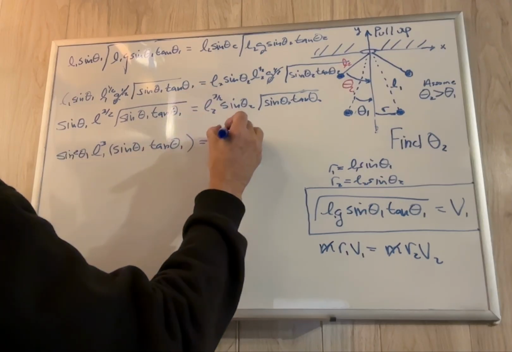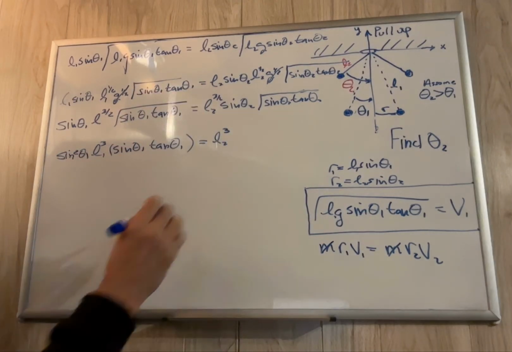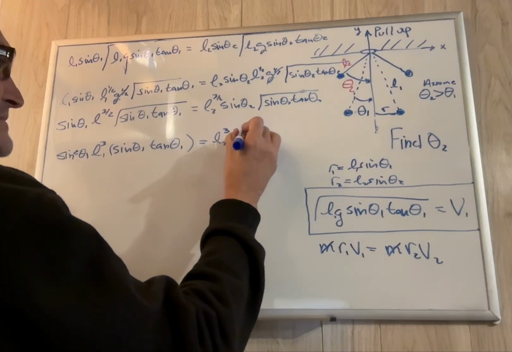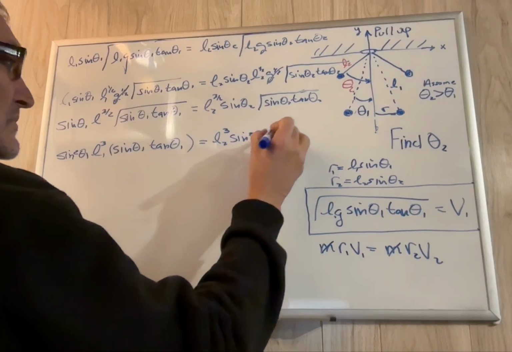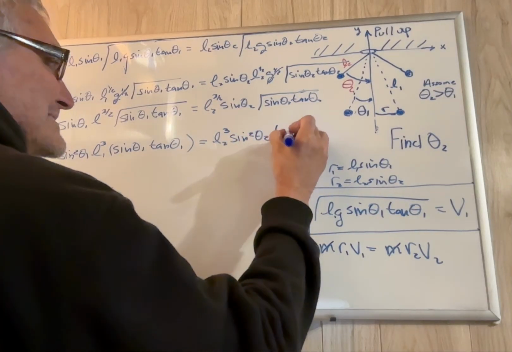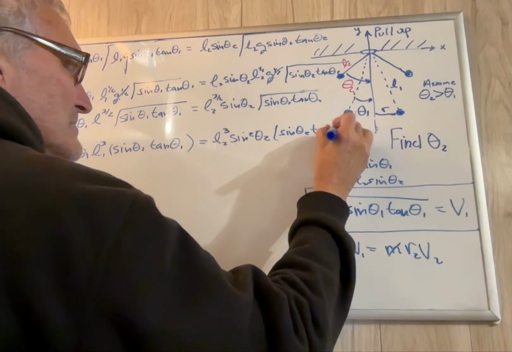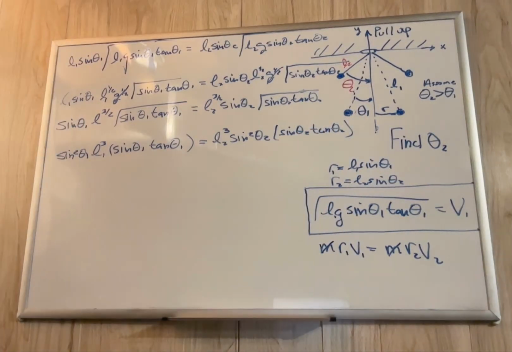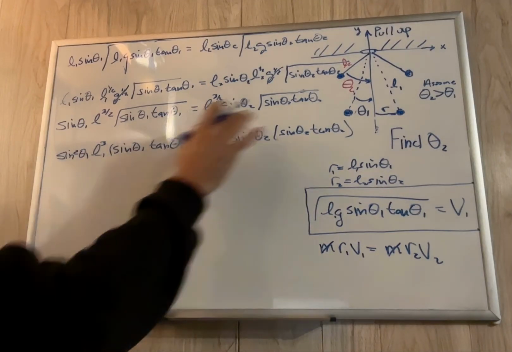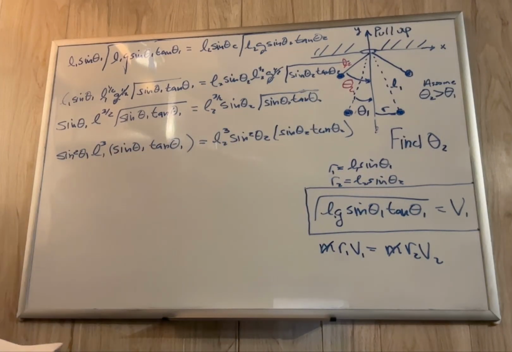We're going to be to the cube because we're going to square that. Sine squared theta 2 times sine theta 2 tangent theta 2. Boy, I hope you're staying with me, because it is going to work out. It's amazingly beautiful. Actually, to me, this is artwork, but whatever.